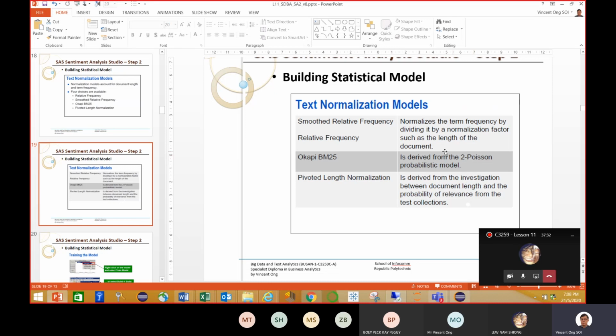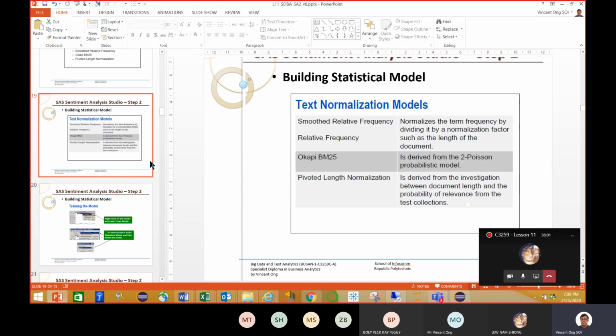So in the case of text here, within the confines of the corpus or the sentence, what is the probability of a word significantly occurring? But here they use a twin probability model. The result will be a probability, so all of these come out as probability figures. We don't have to worry too much about that because the software will cater for us. Those are only four models. Actually there are more, but in the software, four are provided.